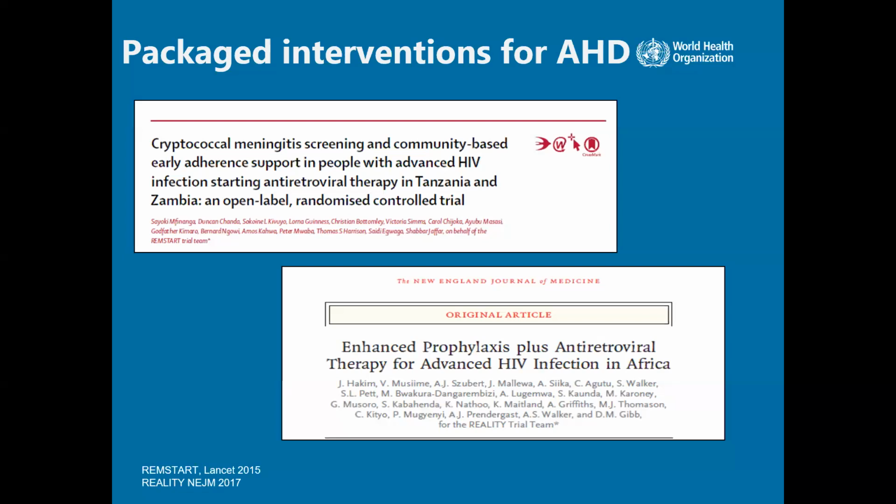One used a diagnostic-driven approach, and the other used an approach to providing blanket prophylaxis to people presenting with advanced HIV disease. Both of these approaches found a significant difference in mortality reduction associated with individuals presenting with advanced disease who were given the package of care.